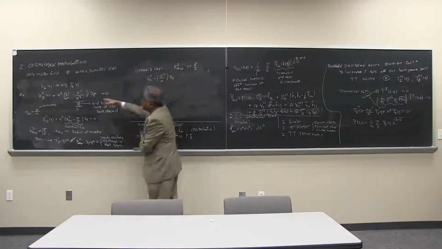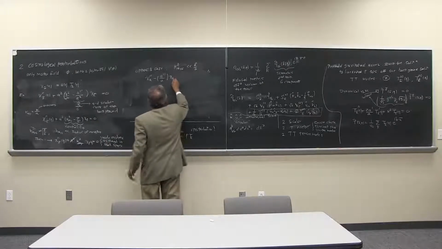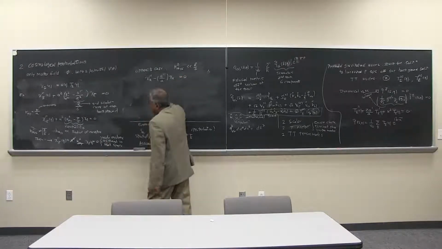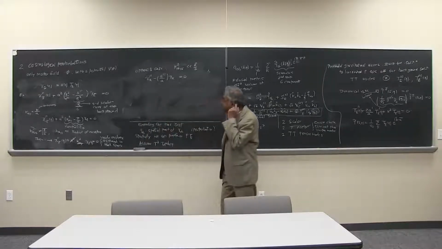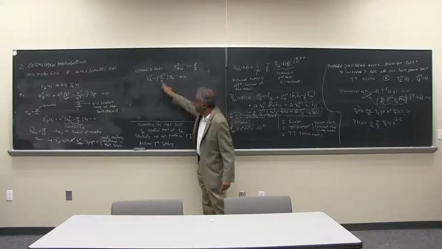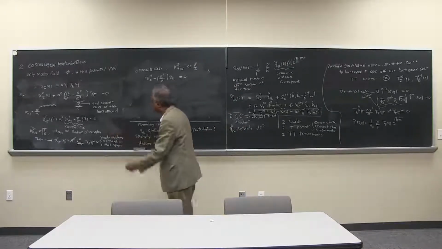I'm just going back to the original form. I could have left it in terms of scalar curvature times chi k. Again, I did that in part because I just wanted to write everything in terms of k now, and not in terms of k physical or anything like that.